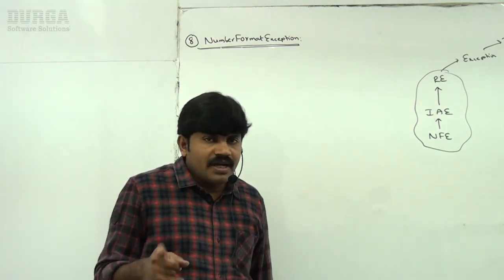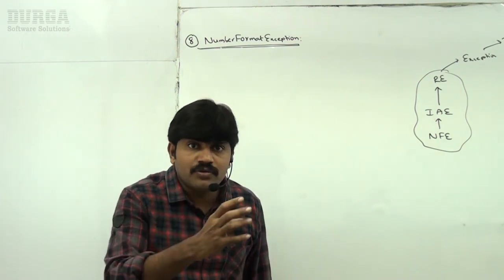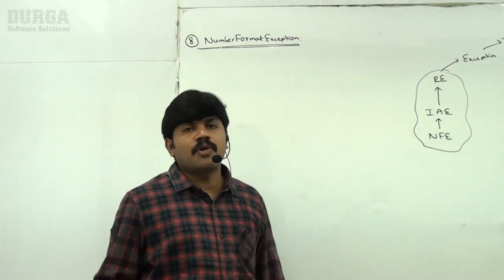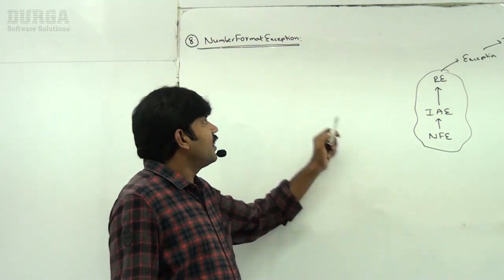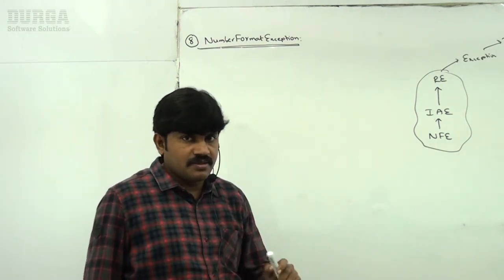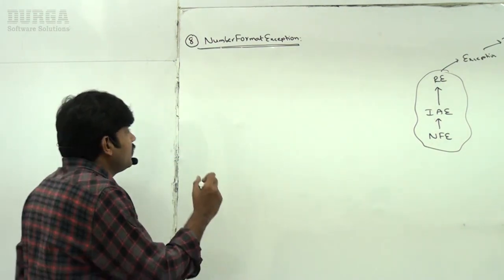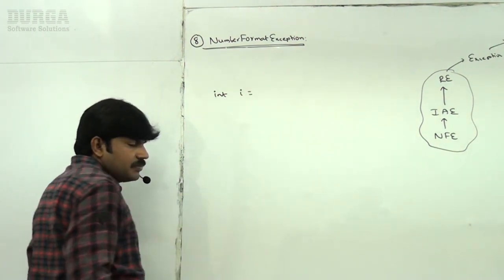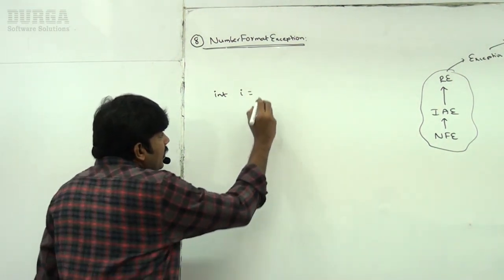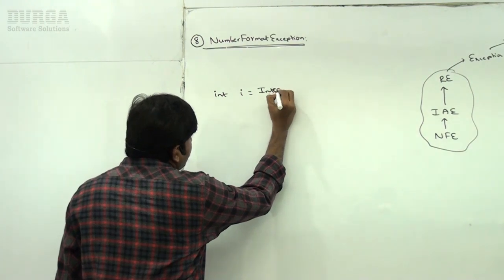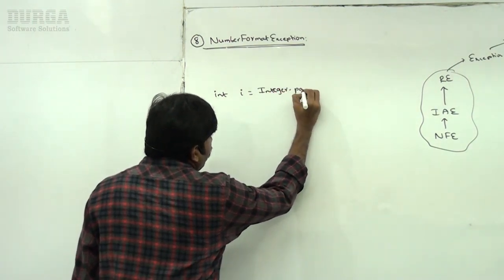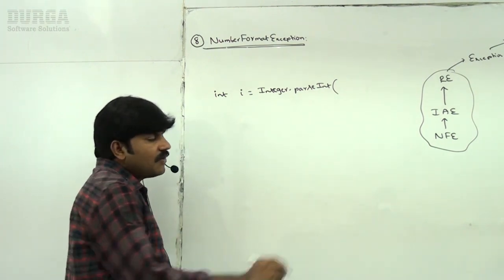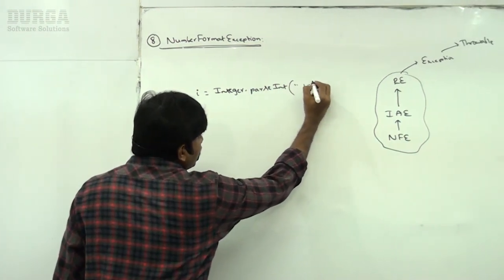Whenever we are trying to convert a string to a number, but the string does not represent a number and is not properly formatted, we will get a NumberFormatException. What does it mean? Observe carefully. Here, int i = Integer.parseInt(...), and we just pass some string.